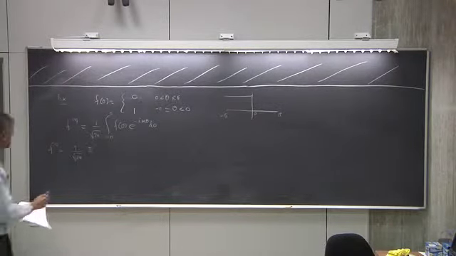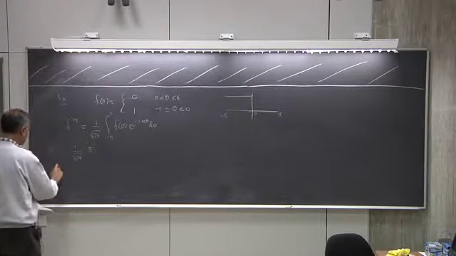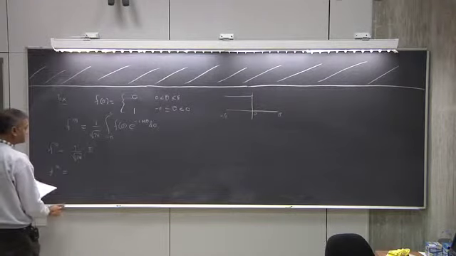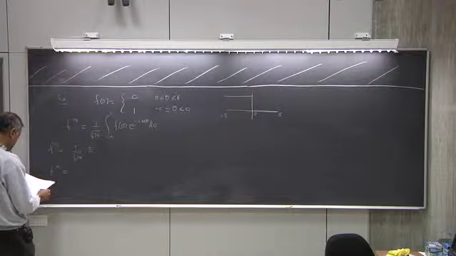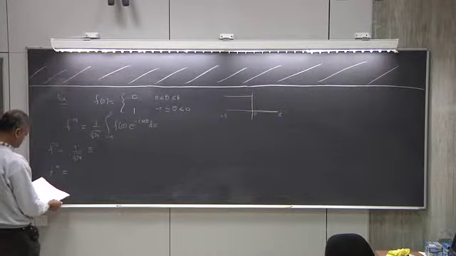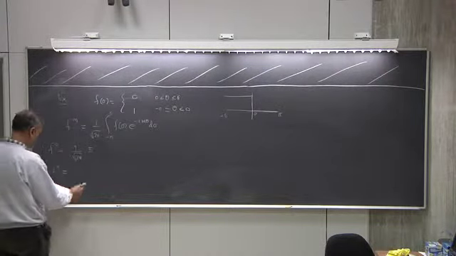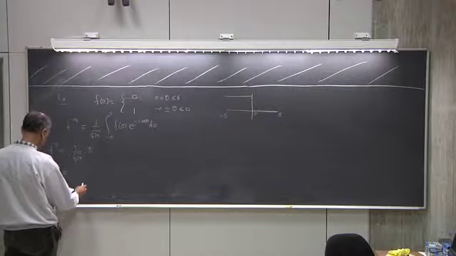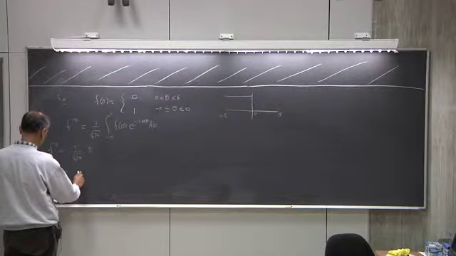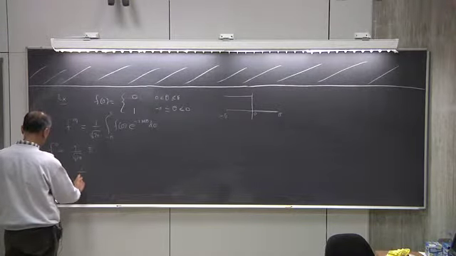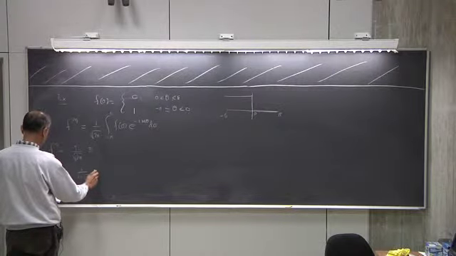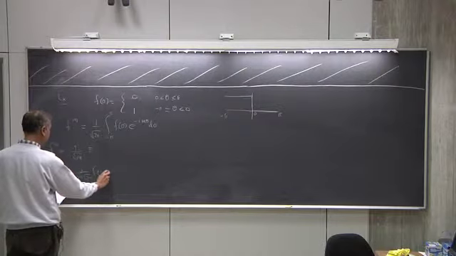So that's f_0, and f_m was i over m root 2 pi times 1 minus minus 1 to the m.